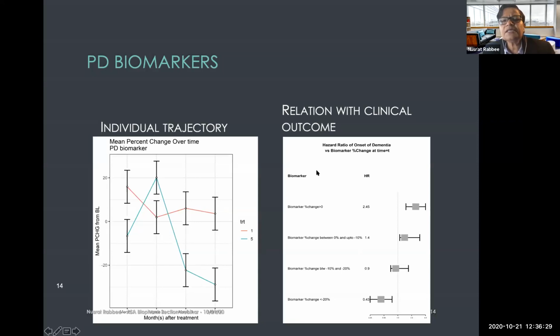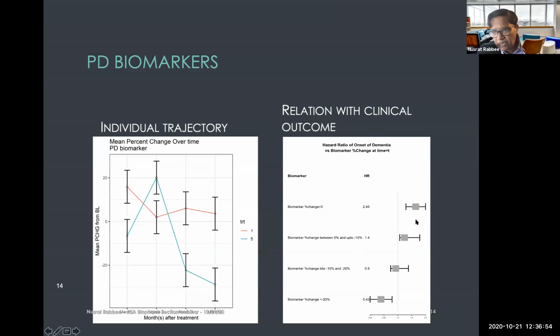over time. This is a forest plot that I give code to do. So you can see here a hazard ratio of the onset of dementia. This data set is given and the code is given. Let's see what this shows. This is the hazard ratio forest plot. So the first row here is the biomarker percent change is positive.